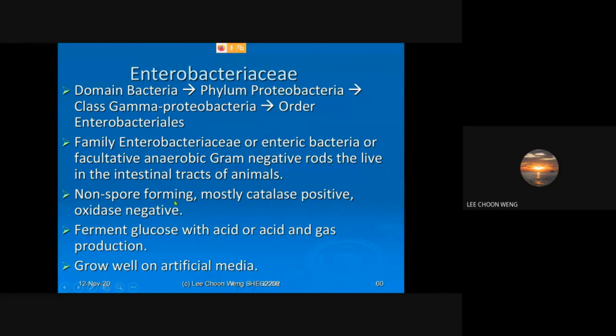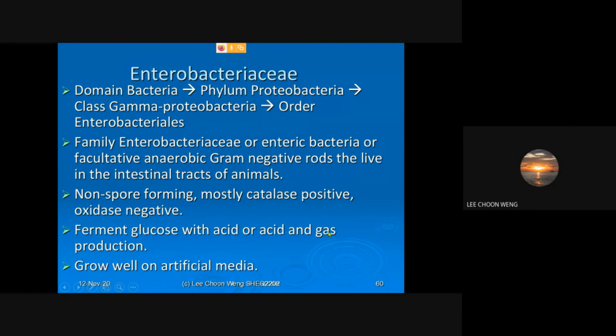Oxidase negative is a very important identification test to differentiate Enterobacteriaceae from others. For example, Vibrionaceae, which is positive, and Pseudomonadaceae, which is also positive. So oxidase is an important step for identification.